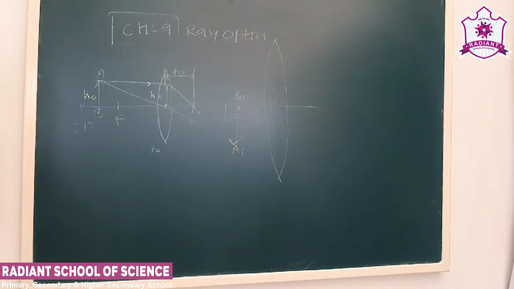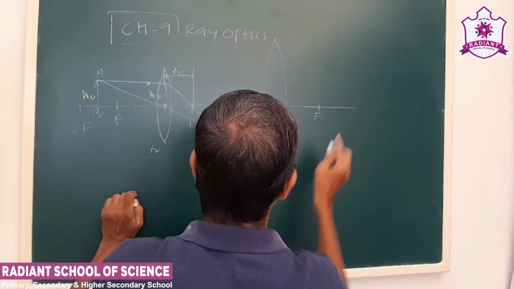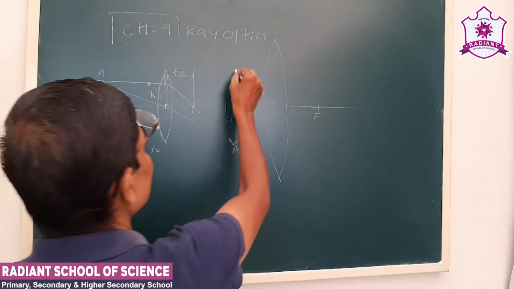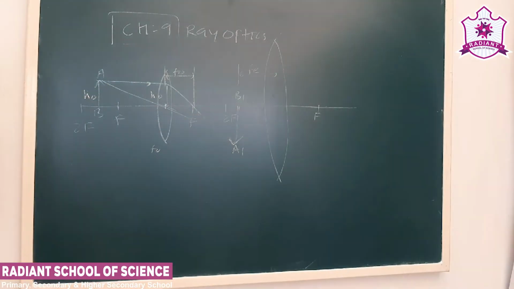Let us see how the image is formed by the eyepiece. We have to adjust the eyepiece in such a way that the image formed by the first lens lies within the F of the eyepiece.